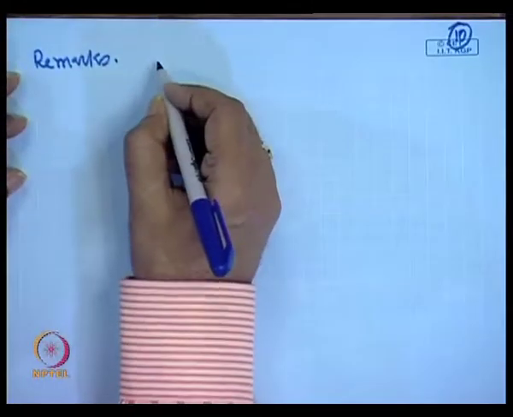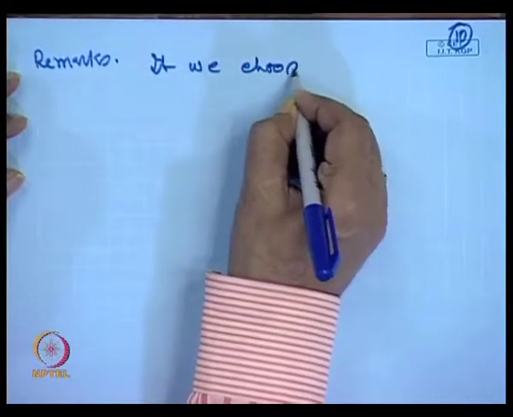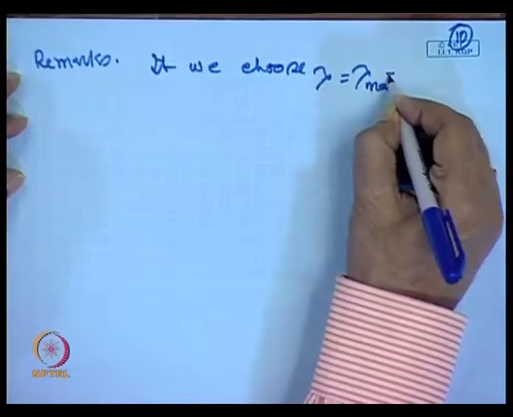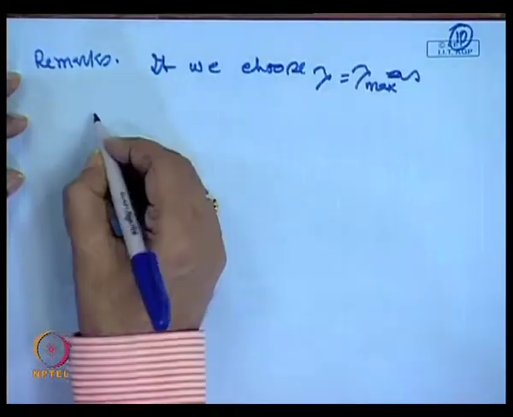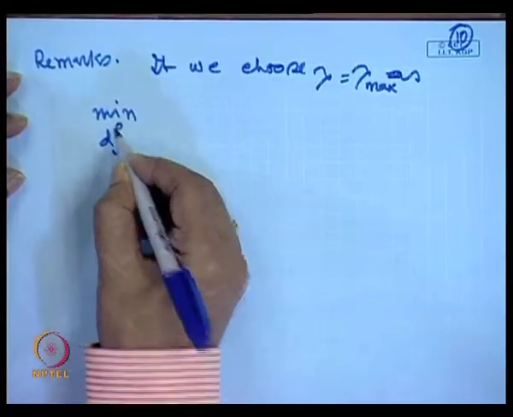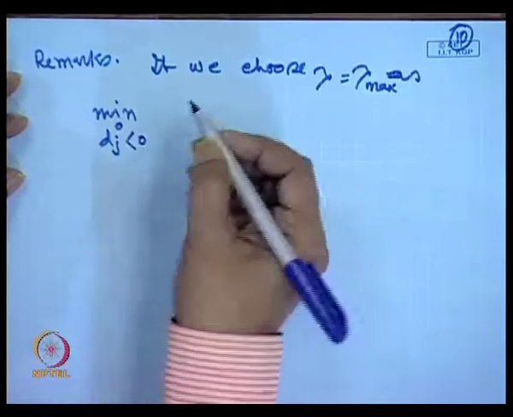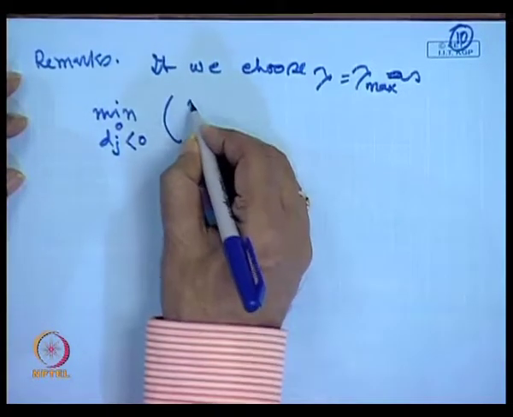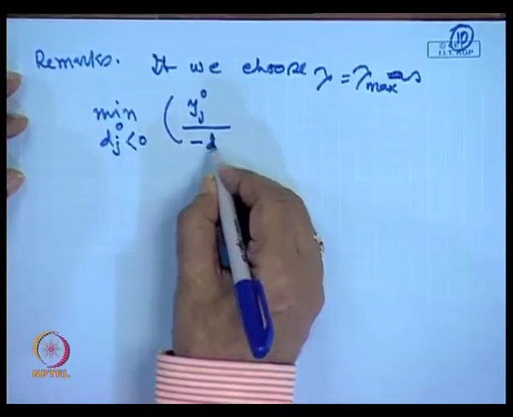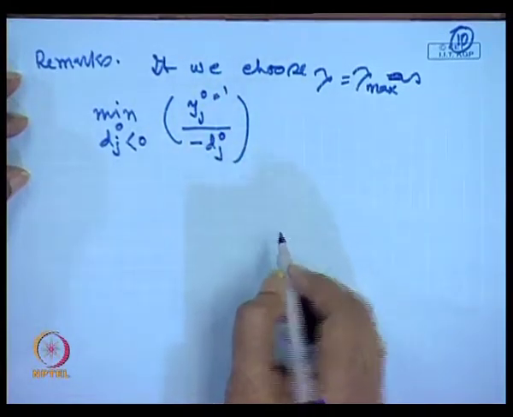So, our remark is that if we choose lambda equal to lambda max as the minimum of delta j superscript 0 less than 0, that is negative, for negative quantity only, jth component of d is equal to yj 0 divided by minus dj 0, and this value is 1, this indicates this.